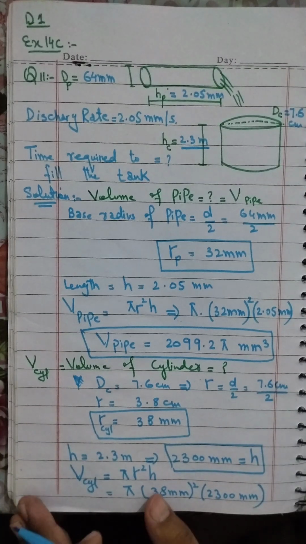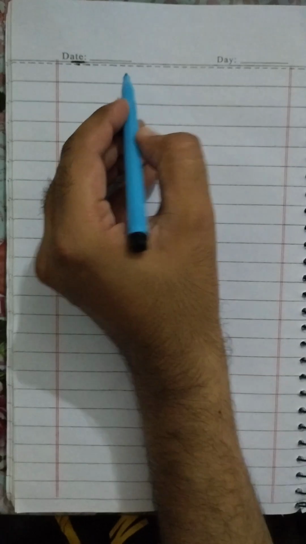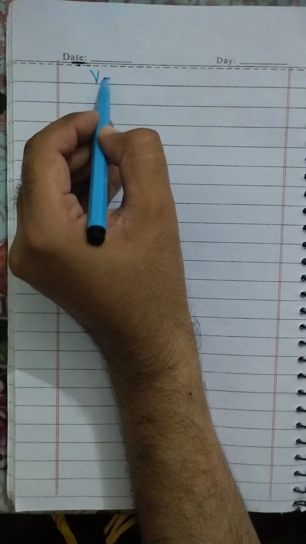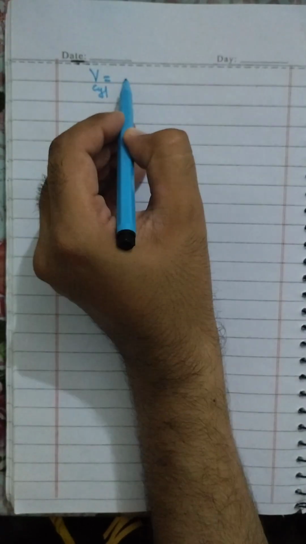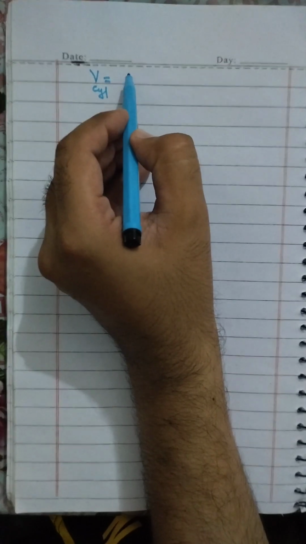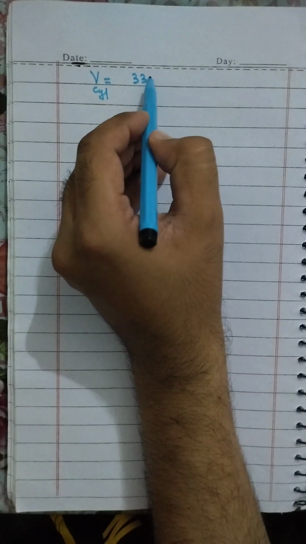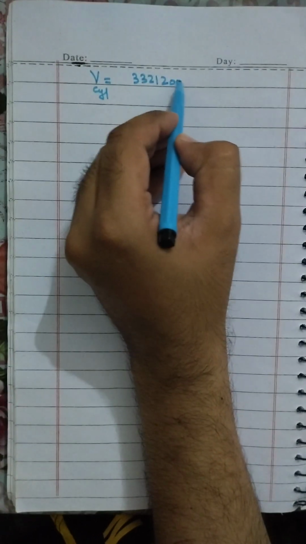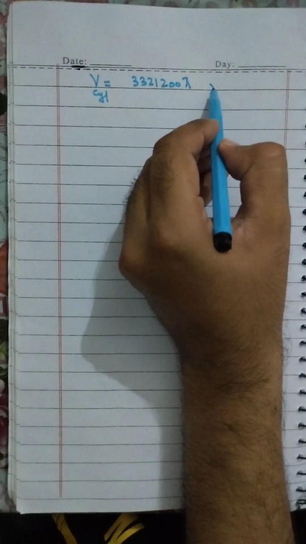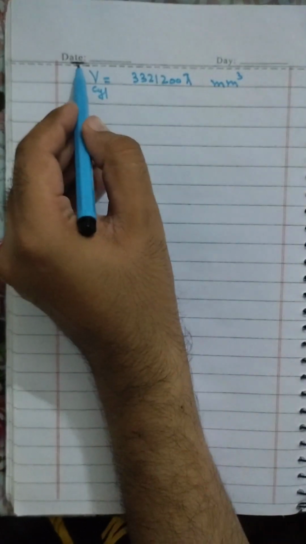So when we calculate with the help of calculator, we get the volume of the cylinder. It will become 33,212,00 pi mm cube.